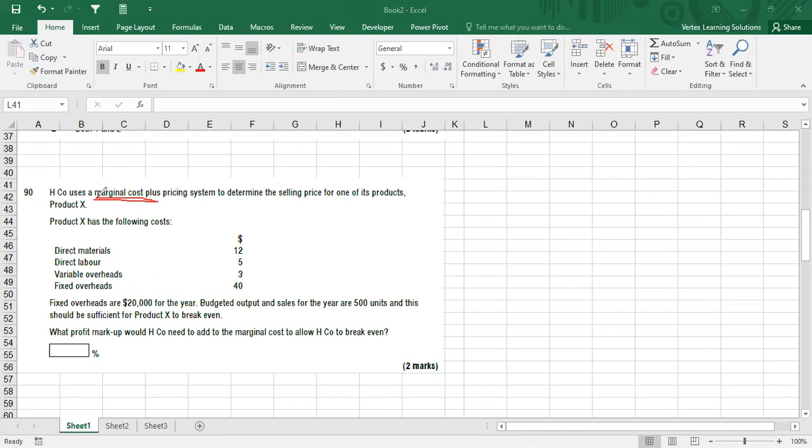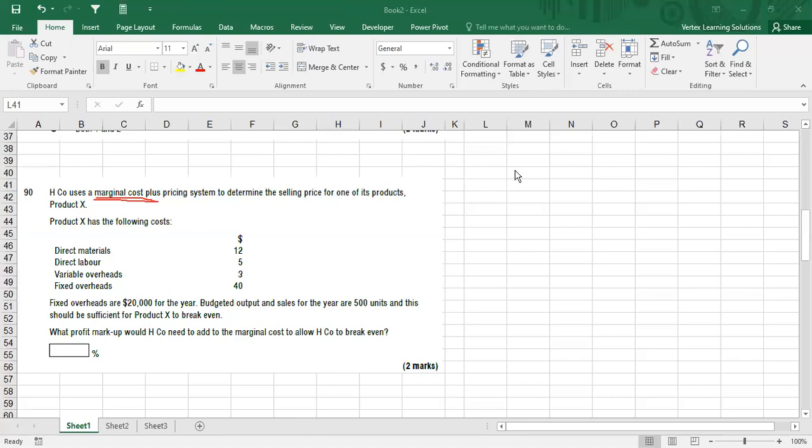To determine the selling price for one of its products, product X, the product X has the following cost: material 12, labor 5, variable overhead 3, fixed overheads 40. Fixed overheads are $20,000 for the year. Budgeted output and sales for the year are 500 units, and this should be sufficient for product X to break even. What profit markup would each company need to add to the marginal cost to allow each company to break even?